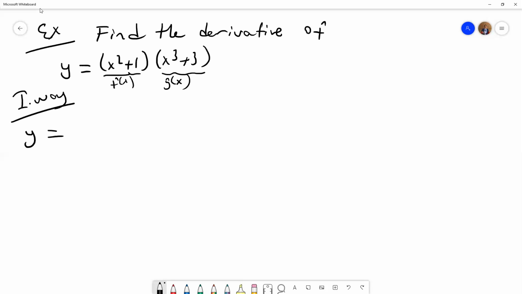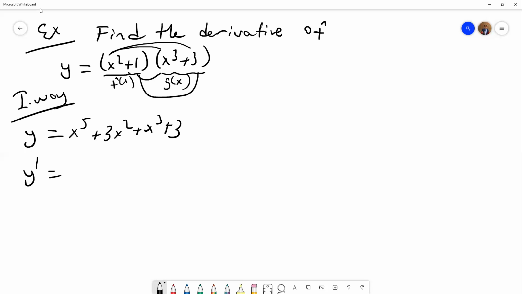So y is equal to, we can multiply like that, x to the power 5 and 3x squared, and here, this is x cubed plus 3. So finally we have y prime is equal to 5x to the power 4 and 6x, and 3x squared, and the derivative of the constant value 3 is 0. So this is the first way.